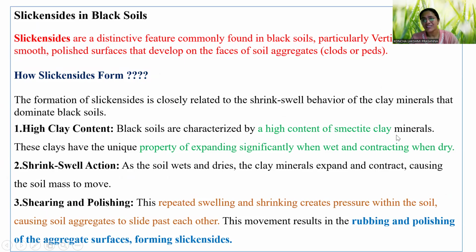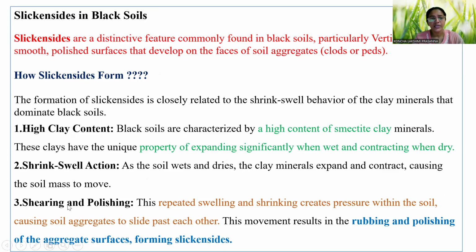Due to this smectitic clay mineral, the expanding mineral gets expanded, thereby wetting and contraction take place. That is, swelling and shrinkage take place due to the expansion of the clay mineral, that is the smectite and the montmorillonite present in that particular soil.